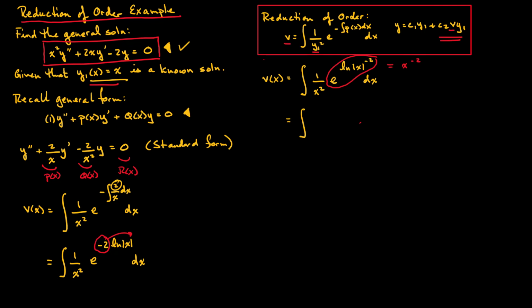So now we have the integral of x to the negative 2 divided by x squared dx. This is equal to the integral of 1 over x to the power 4 dx, and that is equal to minus 1 over 3 x to the minus 3. So this is our solution for v.